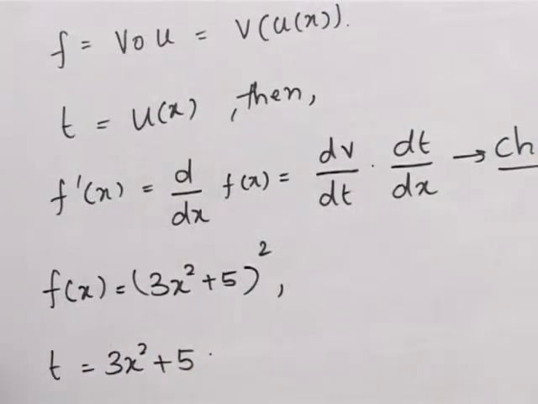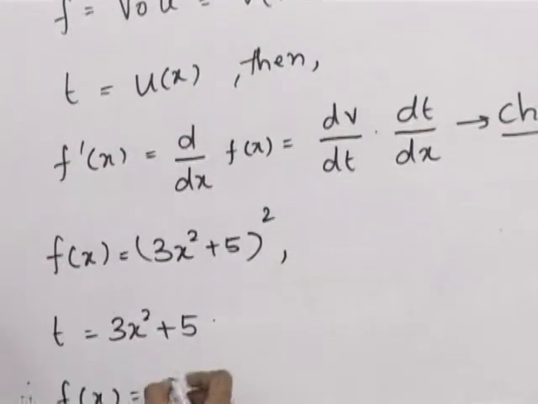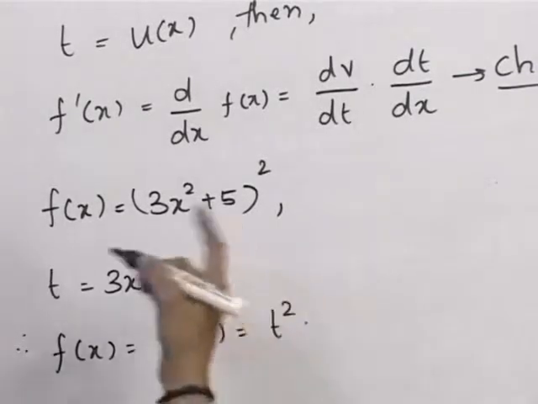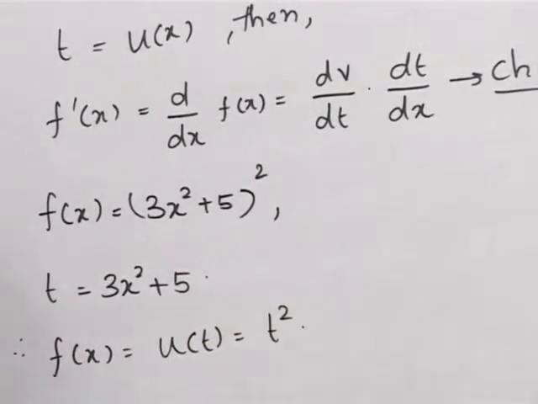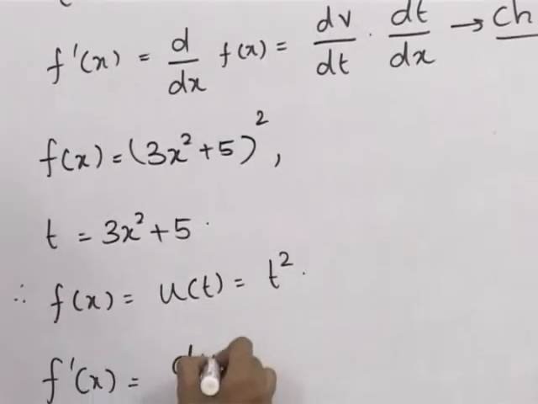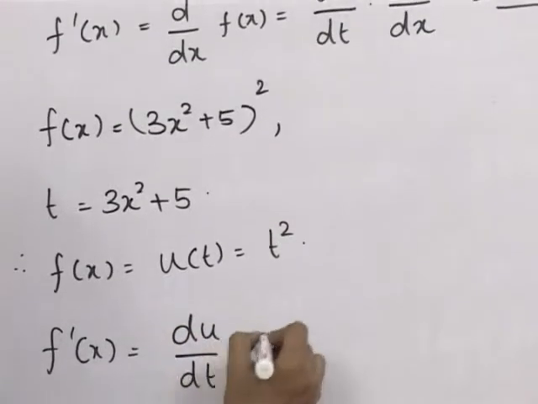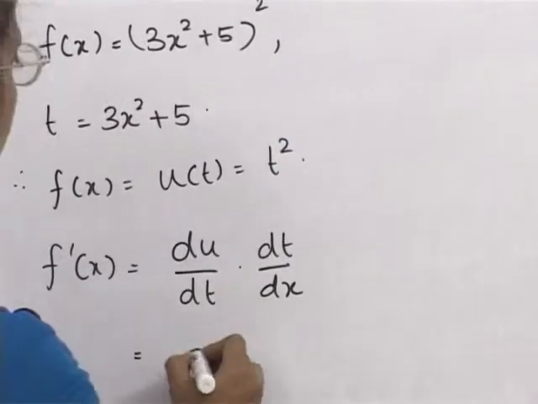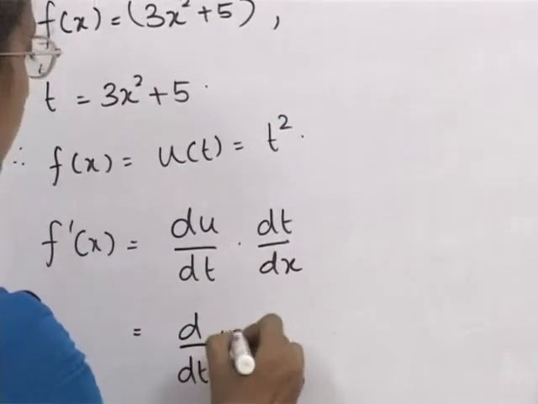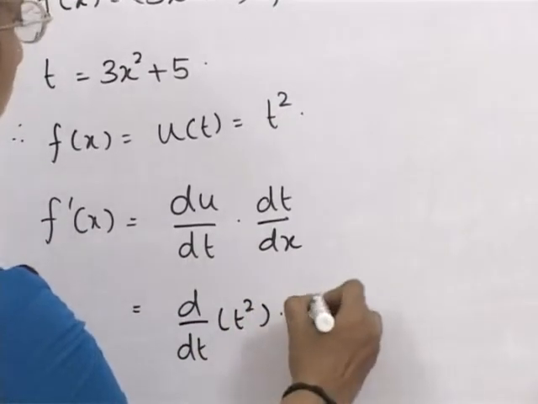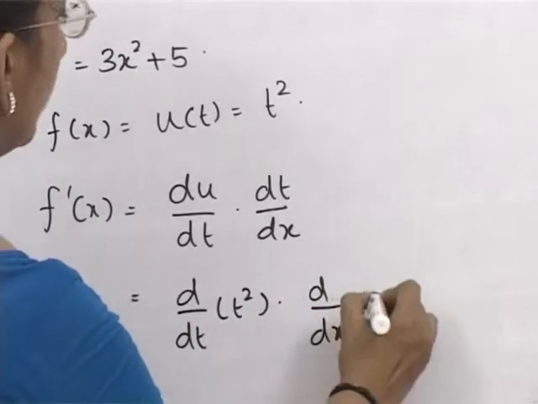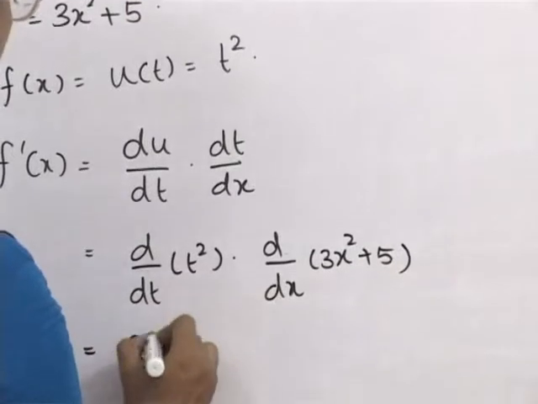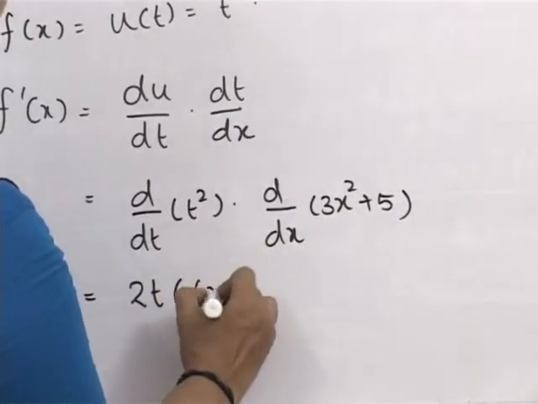Therefore f of x is now another function of t, say u of t, and that is equal to t square. Now using chain rule, what is f dash of x? It is nothing but du by dt into dt by dx, which is equal to d by dt of t square into d by dx of 3x square plus 5, which is nothing but 2t into 6x.